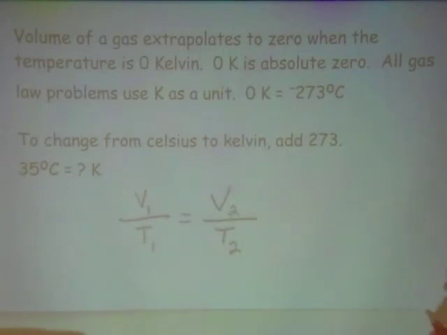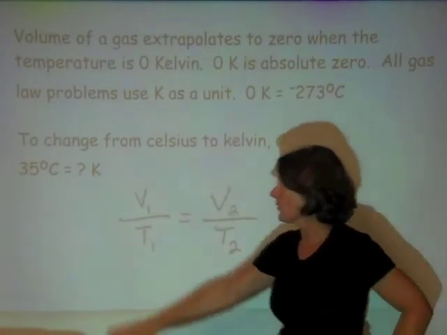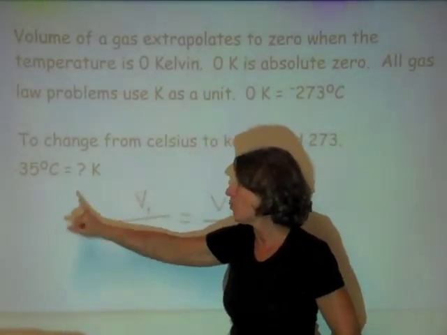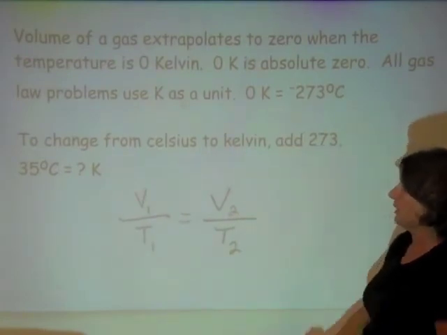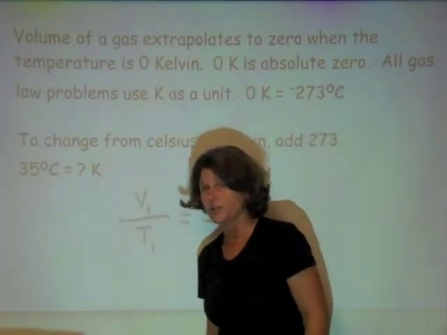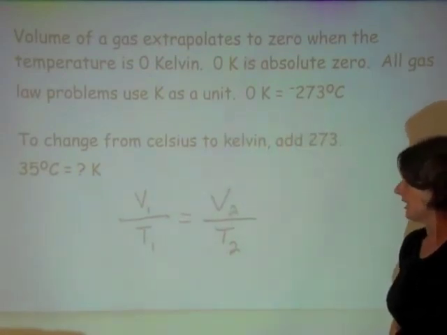So it's really easy to change from Celsius to Kelvin. We add 273. So 35 degrees Celsius, what is that in Kelvin? Well, you guys, it's 273 plus 35. And that will give us our temperature in Kelvin.